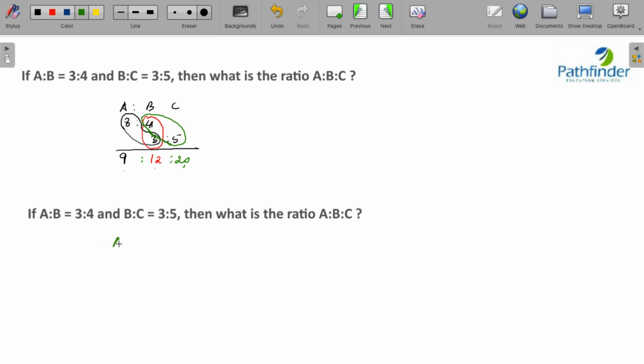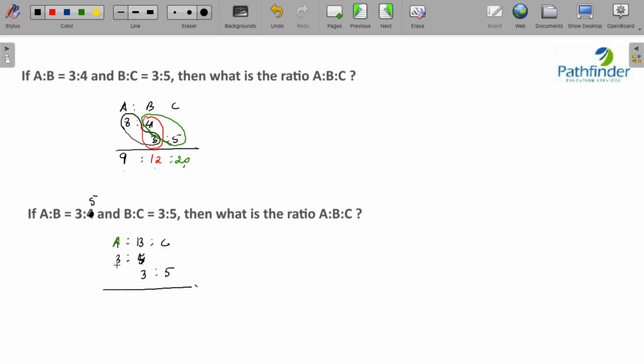Once again, we have A as to B is 3 is to 4 and B is to C is 3 is to 5. Oh, it's the same question. So let me just modify these ratios. Let's say this is 3 is to 5 and this is also 3 is to 5. So what is the final ratio?